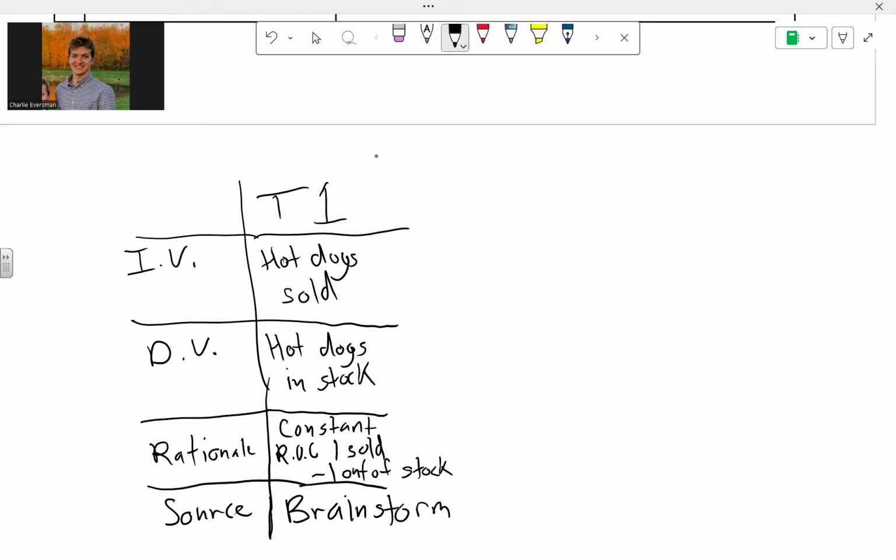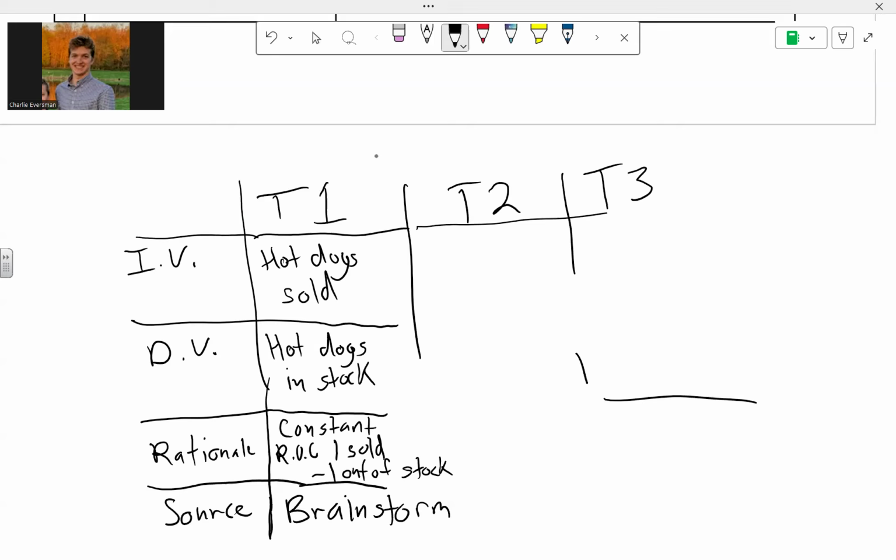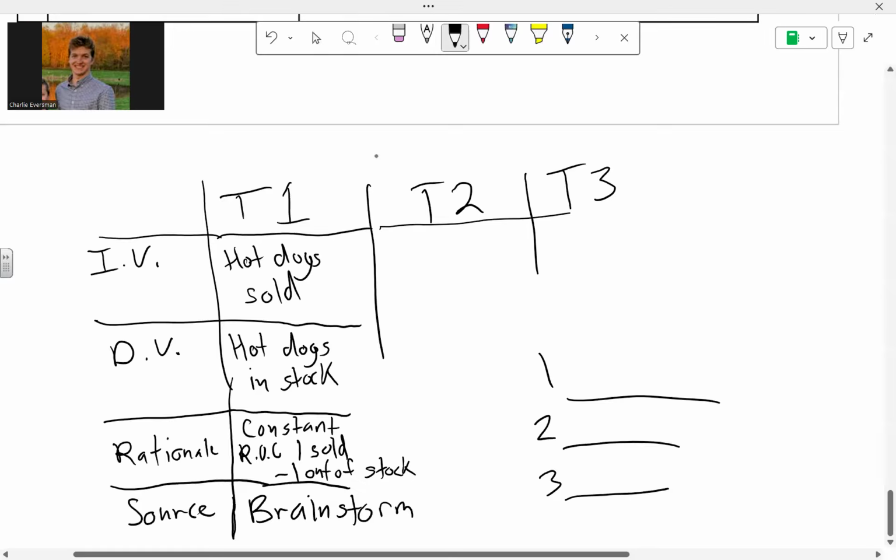Maybe look up on the internet, on Google, just how many calories or how much weight you'll lose for running a certain amount of miles. That is, I think, what another group did in my period three. Then I'd have to repeat this process for a different situation in topic two and a different situation in topic three. And then on the back, give me a quick summary of your three topics, and I'm going to pick which topic you're going to do your report on.